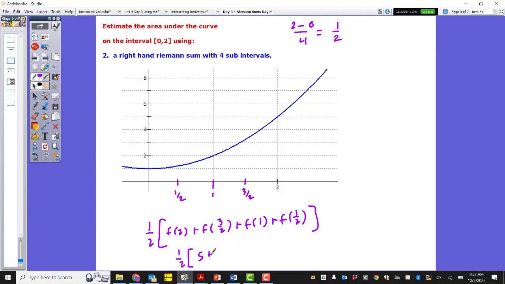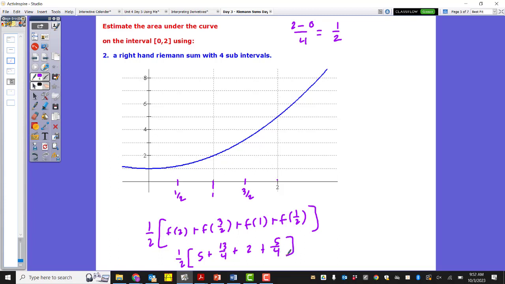F of 3/2 is going to be 9 over 4 plus 1, so 13 over 4. F of 1 is going to be 2. And f of 1/2 is going to be 5 over 4.